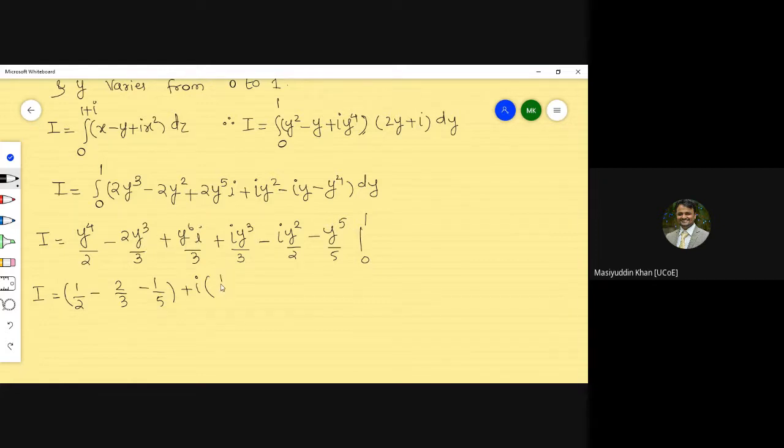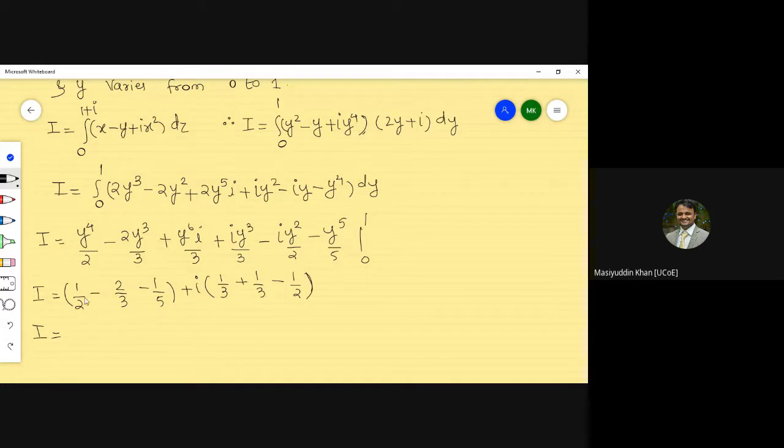So 1 by 3 plus 1 by 3 minus 1 by 2, and we have to just simplify this part. So I is equal to, if there is any problem to sort out the three terms, you can use the calculator very easily, so that you will get the result properly.